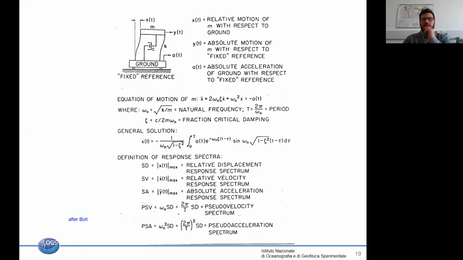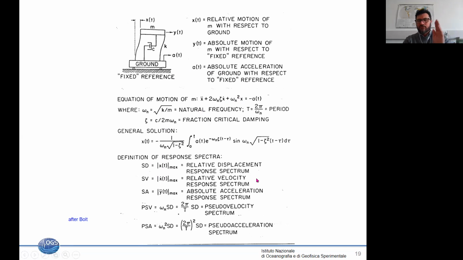Okay, if I solve this equation, it's a convolution, for each frequency of the oscillator I can calculate, for example, the displacement. I look at x. So I will have the maximum value of x for each frequency of the oscillator that I obtain.